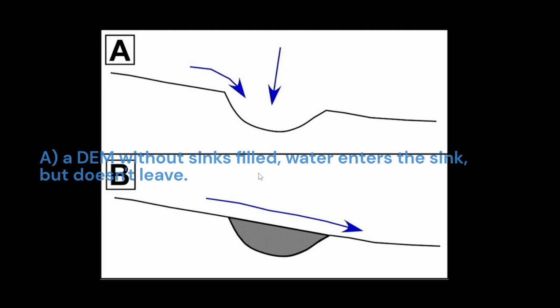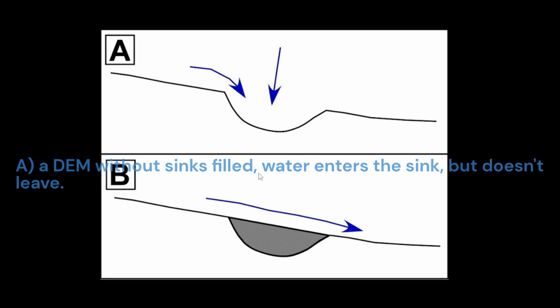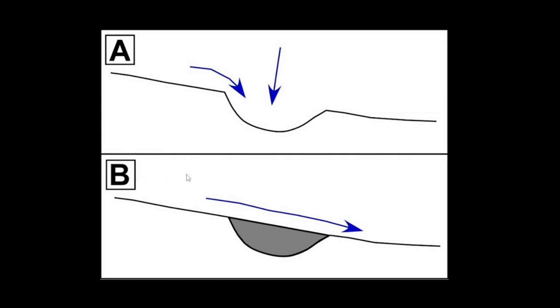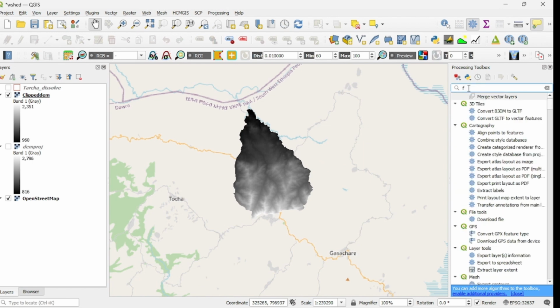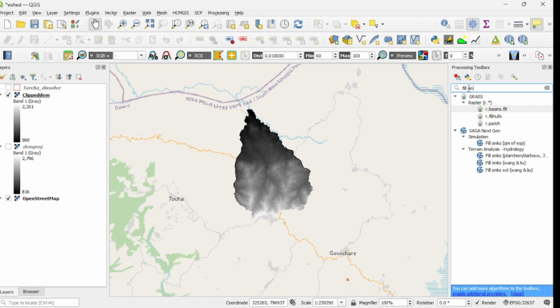The first one is A, a DEM without sinks filled: water enters the sink but does not leave. And the next, B, a DEM with sinks filled: water runs over the sink and continues downstream. So this is the idea of filling sinks. So here I can write fill sinks.